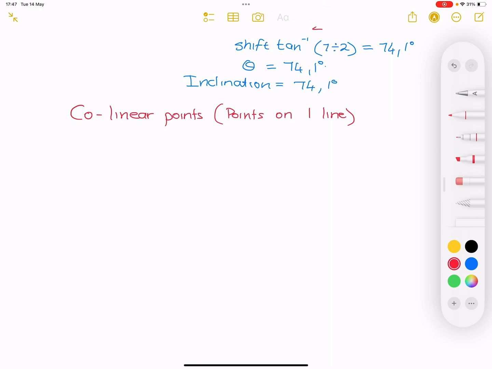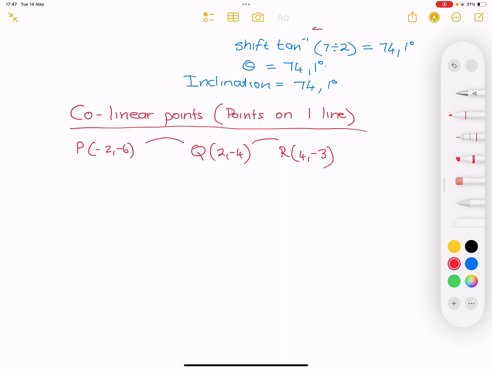Now you have the point P, which is (-2, -6), the point Q, that is (2, -4), and R, that is (4, -3). So you test the gradient of this two, and you test the gradient of this two.